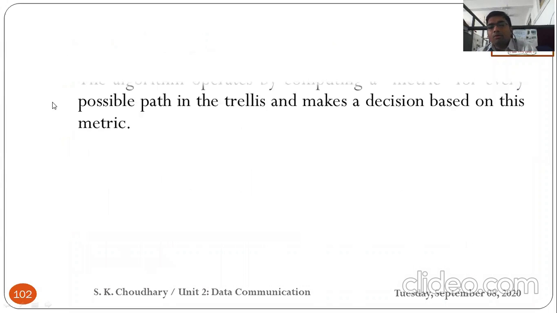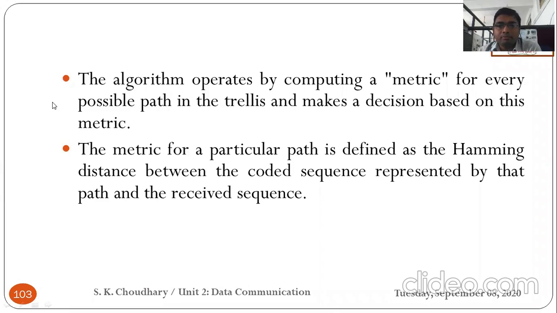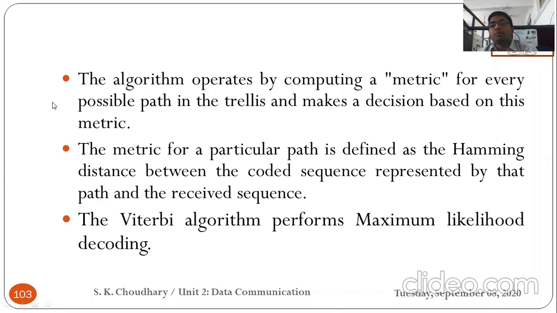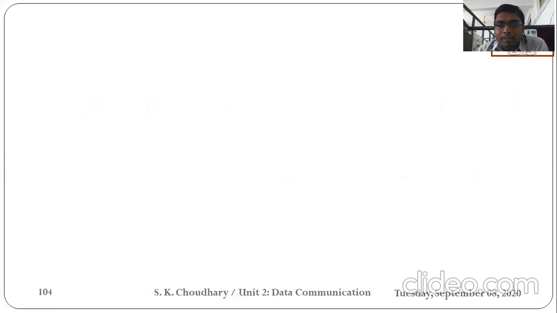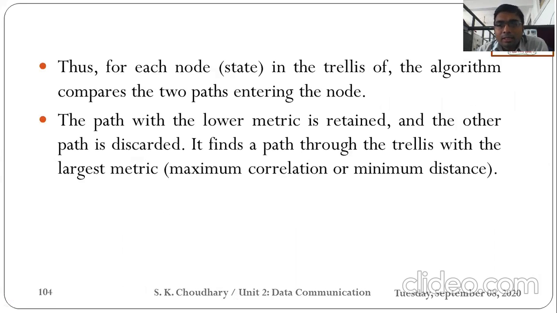The algorithm operates by computing the metric and choosing the best possible path in the trellis. The path having the lowest metric is considered the survivor path. So we defined such terminology in the last lecture.